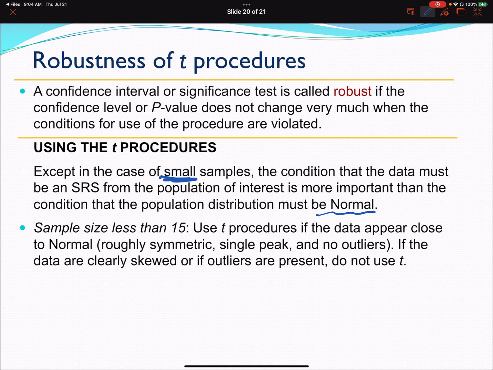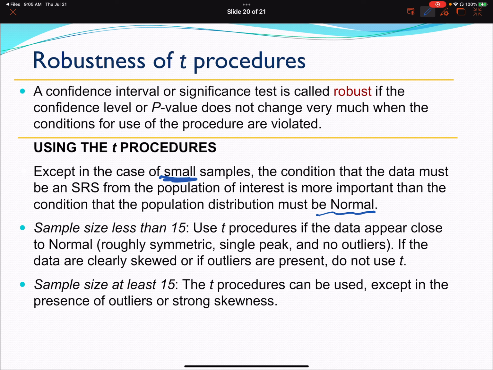If the sample size is less than 15 and the data appears close to normal, use a t procedure. If the data are really skewed or have outliers, don't use t; it's not going to be reliable. If you have a sample size of at least 15, t procedures can be used unless there are outliers or strong skewness.